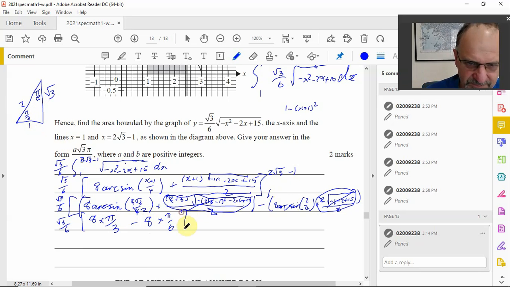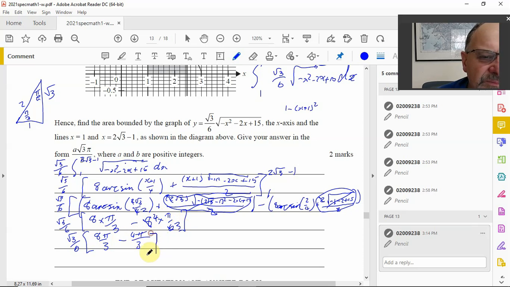All right, so we've got root 3 on 6, 8 pi on 3. 2 goes into there 4 times, in there 3, so that's minus 4 pi on 3. Which then means 8 pi minus 4 pi is 4 pi.